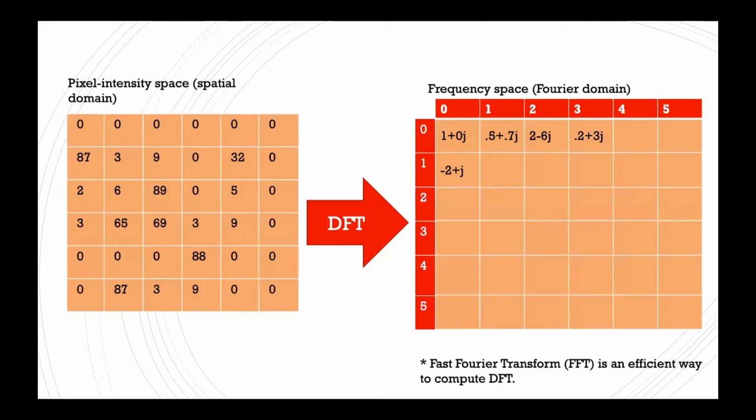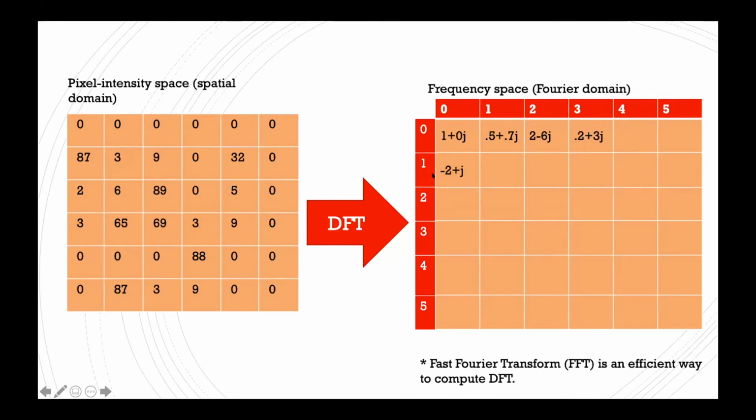And okay, so say this is a photo, 6 by 6 pixels. And that's why I said pixel intensity space, or you are in the spatial domain. And what the discrete Fourier transform, or safe to say FFT, if you do FFT here, because this is the algorithm that does compute the discrete Fourier transform.